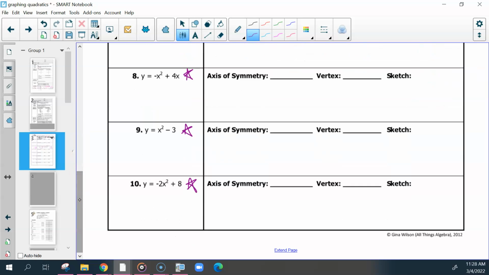Let's do number 8 and then we'll do 10. For number 8, we're missing our C value, but that's okay. It'll be a little less work when we put in our vertex. So negative 4 over 2 times negative 1. What would the axis of symmetry be?